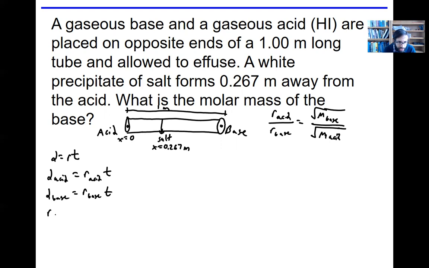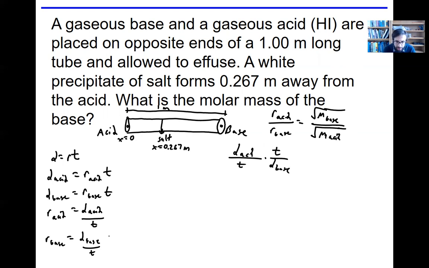So let's do that. R acid is going to equal D acid over time, and similarly R base is going to be equal to D base over time. So now we can go back to the expression where we have R acid divided by R base and plug those in. R acid again was D acid over time, and we're dividing by R base, so that's equivalent to multiplying by T over D base.